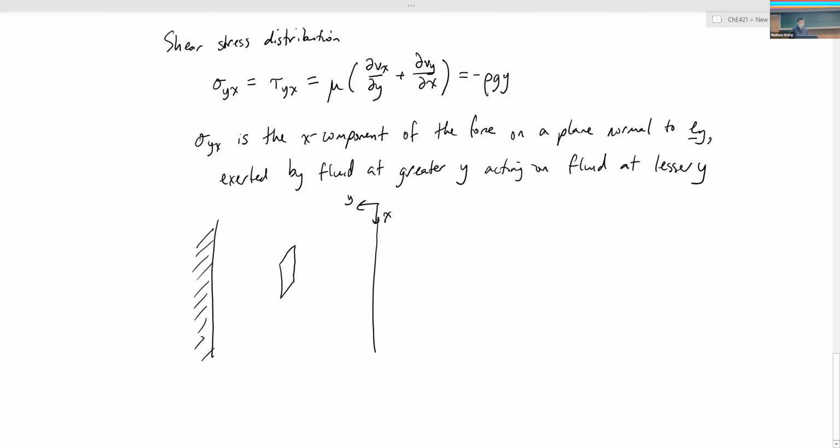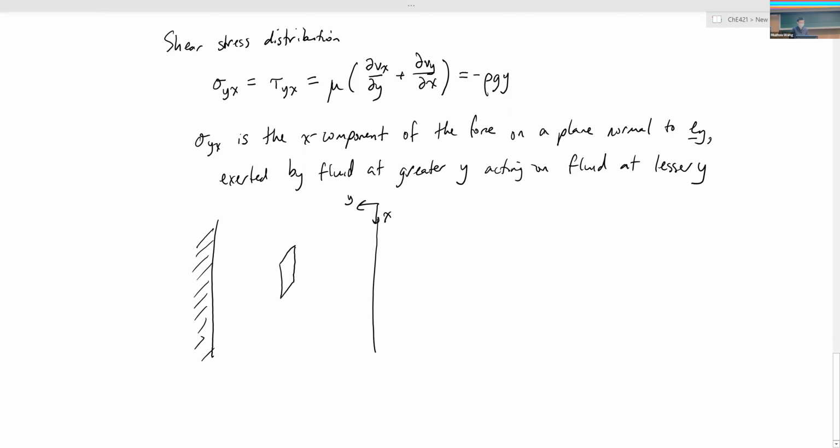So for instance, in Cartesian coordinates, we know that EX cross EY is equal to EZ. Sorry, I can just draw these axes. This is X and this is Y and this is Z. You know from the right-hand rule that EX cross EY is always equal to EZ.